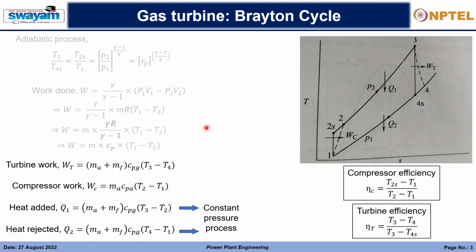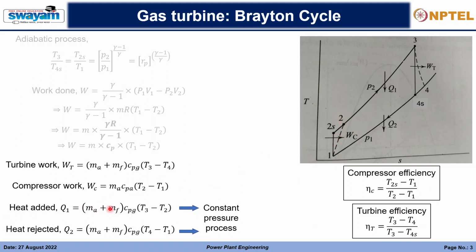Cpg is the specific heat at constant pressure of the gas mixture, that is the fuel as well as the air. The gas mixture will have a different value of Cpg, so that is considered in the turbine work. And the compressor work is simple, it is only utilized for compressing the air, so we consider only the mass of air into the Cp of air into the temperature difference, that is T2 minus T1.